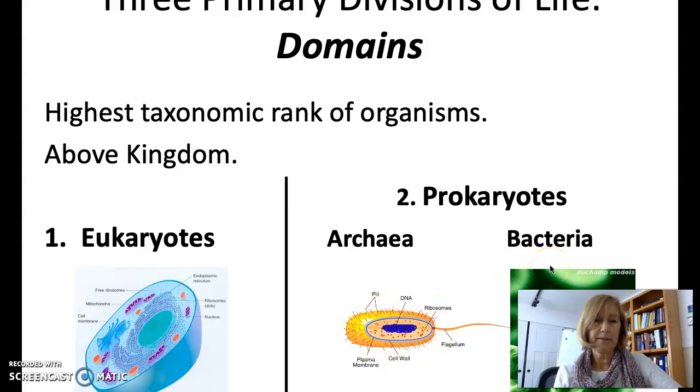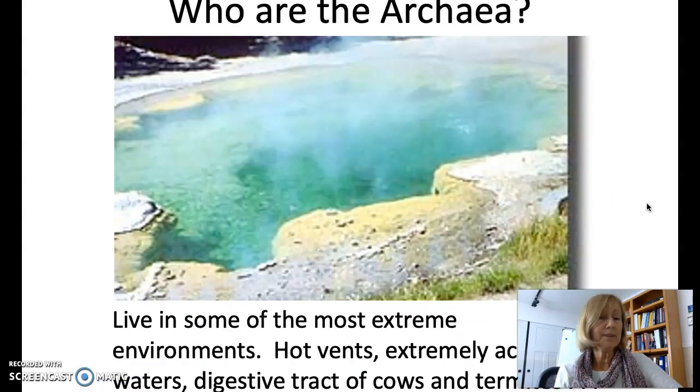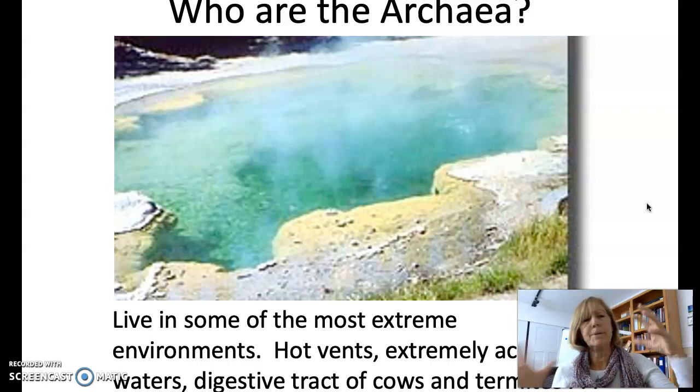So you've read about this, hopefully, in your text. And the big unknown for a while was, who are these guys? Who are the archaea? So those are the mystery cells that were discovered recently. They were discovered in really weird places like hot streams, hot vents in Yellowstone, bubbling ponds.